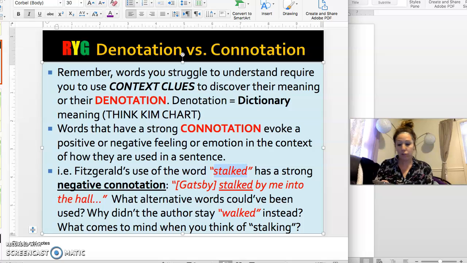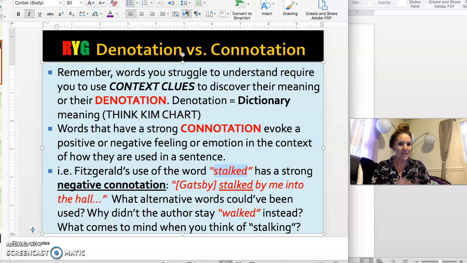So according to the dictionary on my phone, that word means to pursue or approach stealthily, or to harass or persecute someone with unwanted and obsessive attention.